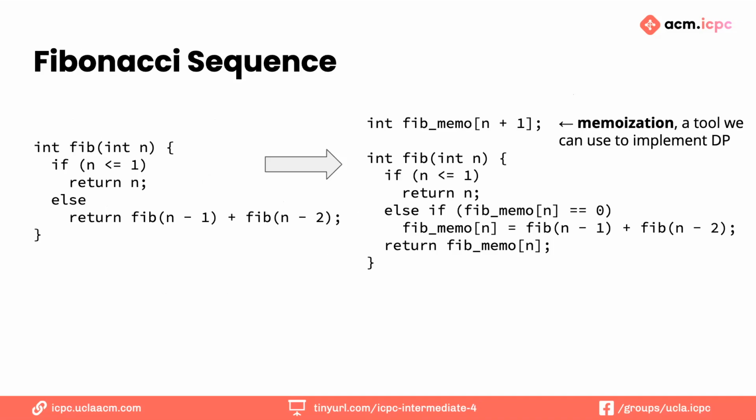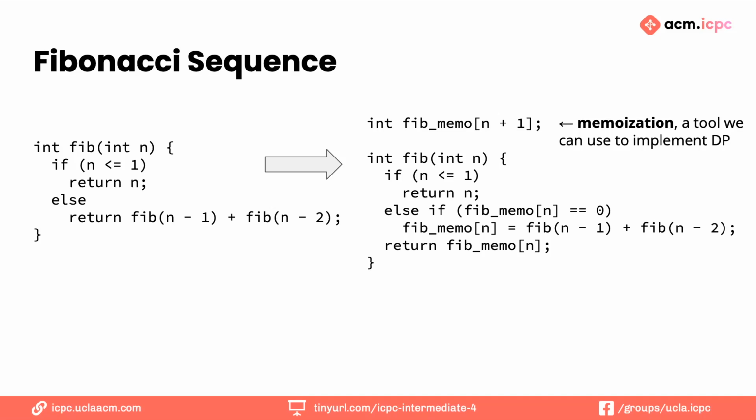So for example, here we can turn our recursion into a slightly different form of recursion, where now we have an additional array outside of the recursive function. Here we called it fibmemo, short for memoization, which is this idea of storing the values that we've already calculated. Every time we return, first we check if it's a base case. As normal, we just return the value of the base case.